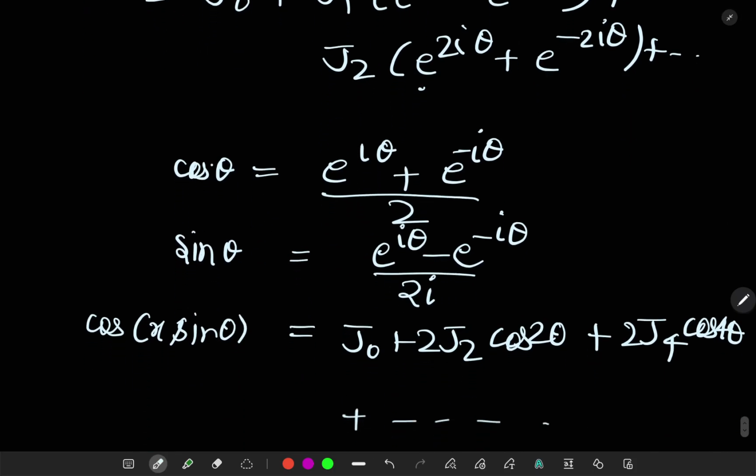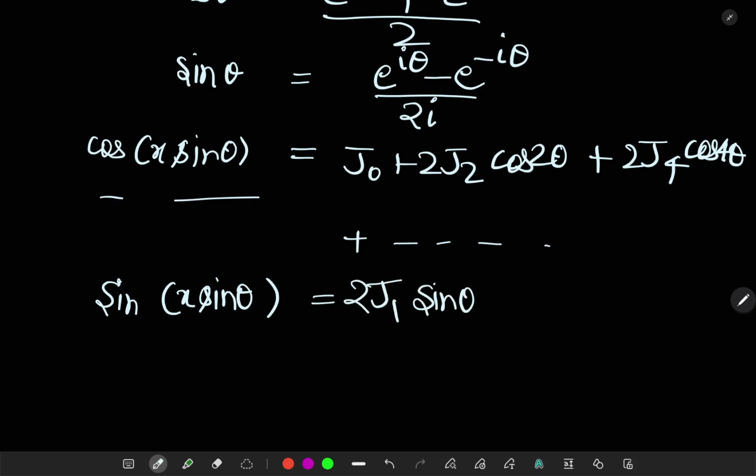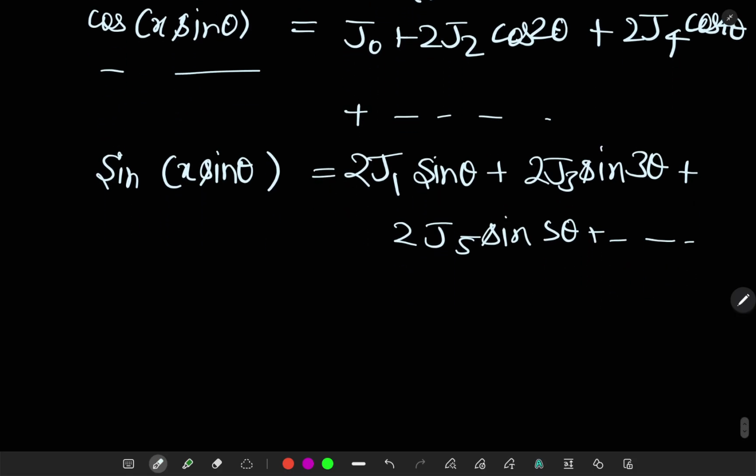On comparing the real term we get this value, and on comparing the imaginary term we get this value, and so on.